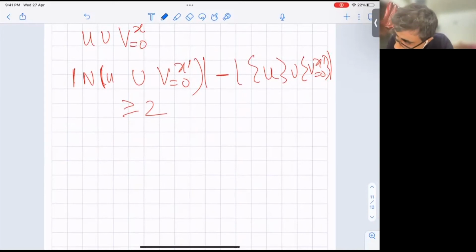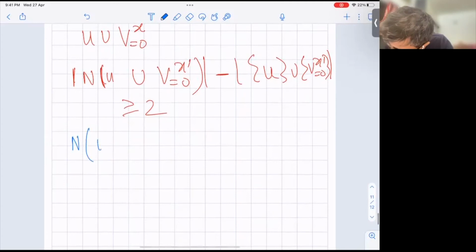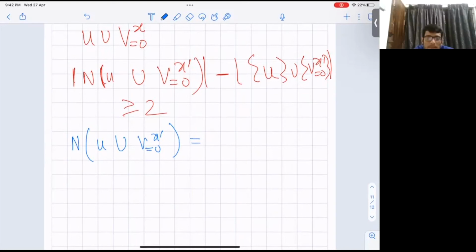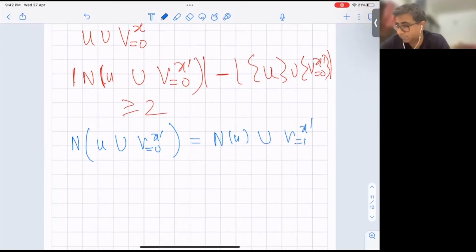Okay. So what is the neighborhood of U union V equal to 0 in X prime? Can someone tell me? Neighborhood of U union V1 in X prime. Yeah, this is fine, right?